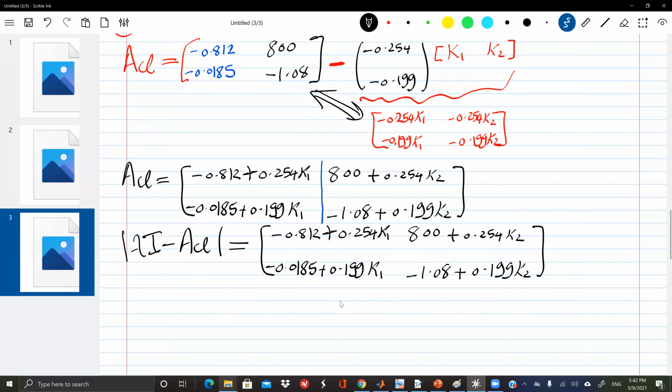So this is lambda I minus A, and I need actually the determinant. Let's get the determinant first.